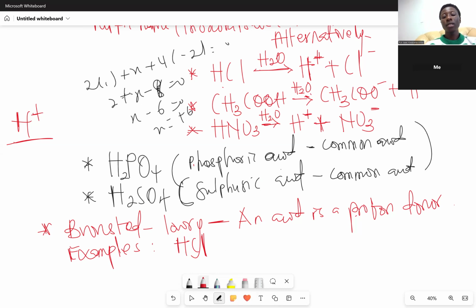HCl plus water. So we've done these already in the previous example, but I just want you to know. So you see, because HCl is an acid, it donates one proton, one hydrogen.